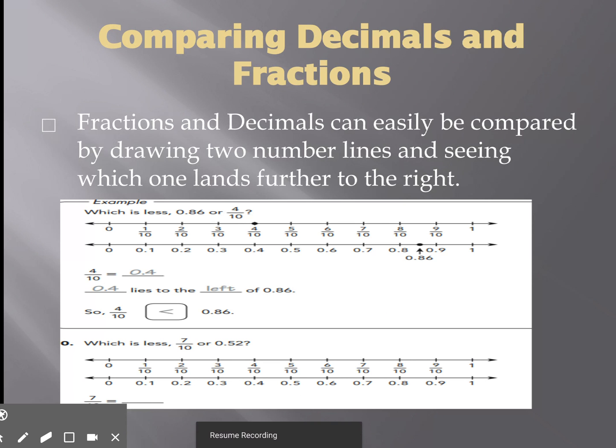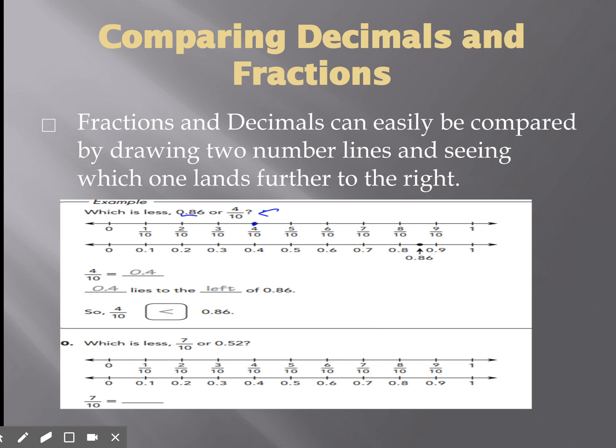Now that we know how to make a decimal and a fraction number line, we can use that to compare fractions and decimals. We would just draw two number lines, one on top of each other. This is a number line where we're comparing 0.86 and 4/10. They drew the fraction one first. That would be your choice.